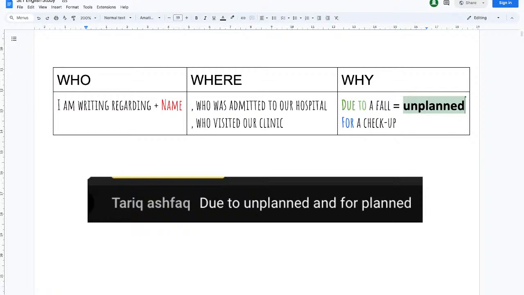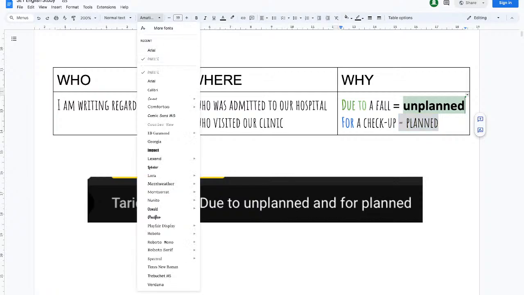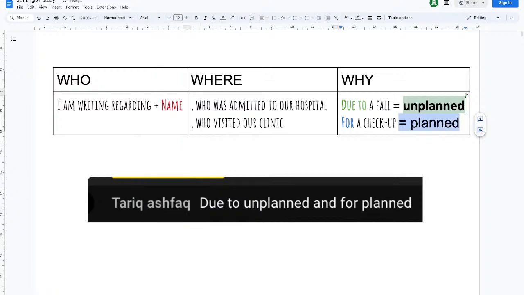Many times injuries and sicknesses are unplanned, of course. But sometimes they will be planned, right? Sometimes they're going to be planned. And when they're planned, that's when we change the preposition. For. That's like it's scheduled. It's already planned. Okay? Fantastic.